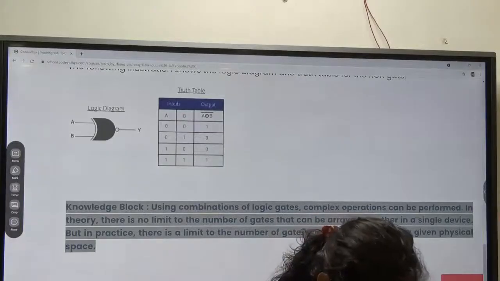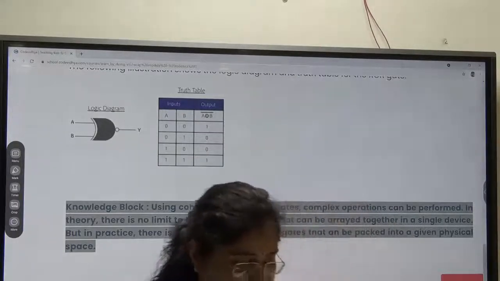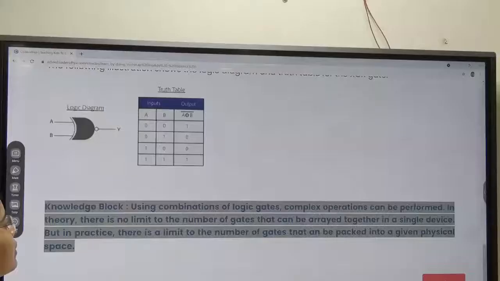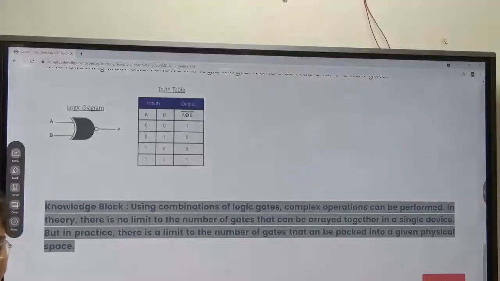Okay, I will tell you the page number. Page number is 53, knowledge block. Aman, your voice is not clear, beta. Do you want to continue?